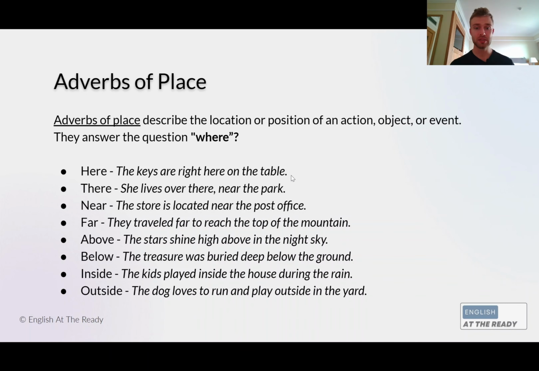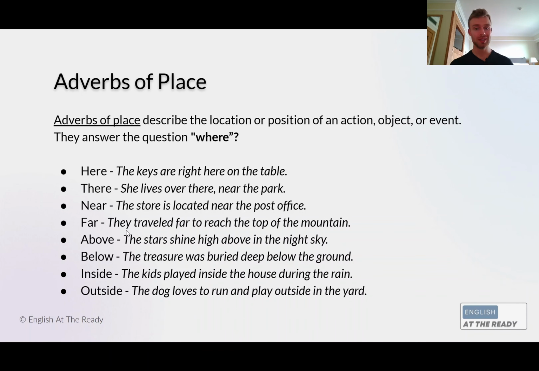So where are the keys? Here. So this is an adverb of place. Same with there. She lives over there near the park. Where does she live? Over there, near the park. Near. The store is located near the post office.